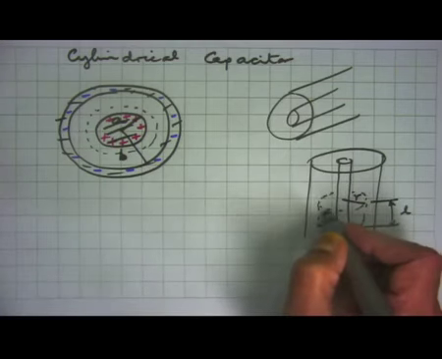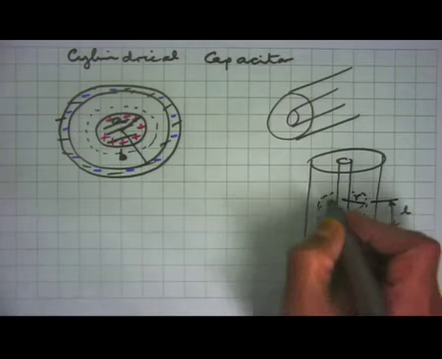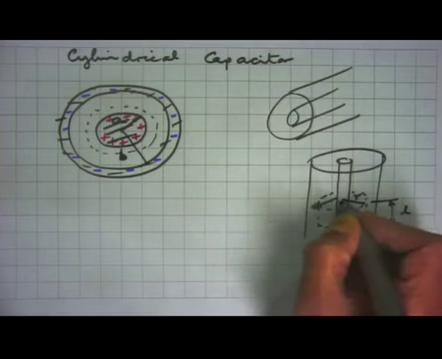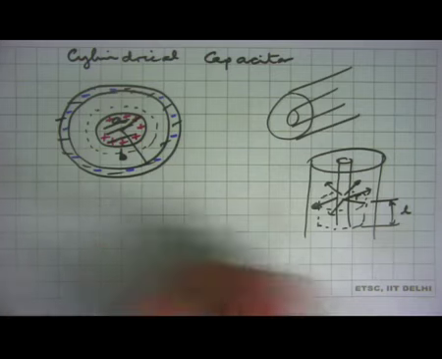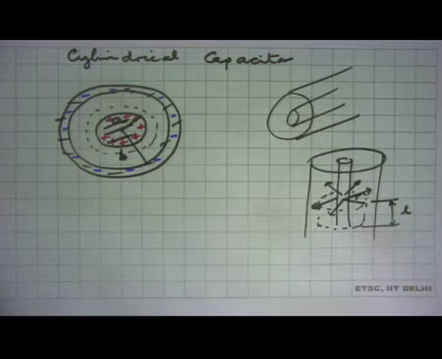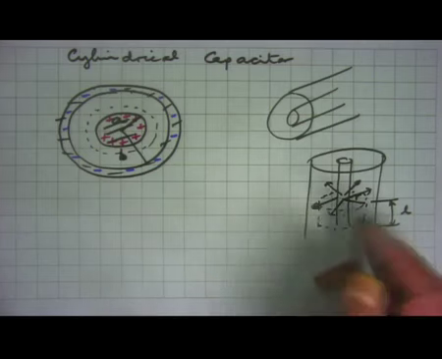We have already discussed that by symmetry arguments the electric field will be radial, away from the center. So there is no electric flux through the top and bottom surfaces of the Gaussian cylinder.